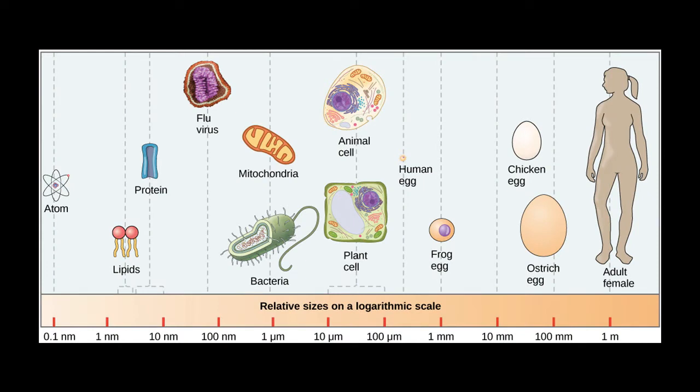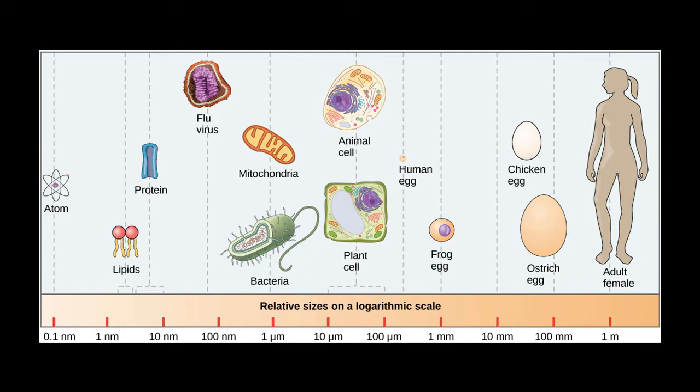organism. Now, if you look at the chart here, you will notice that there's a couple of things going on because we start to look at atoms and then we start to move up in the direction of human beings. So we are going, okay, an atom is the smallest. Then we talk about those lipids that are going to make those organelles. We come into bigger proteins.